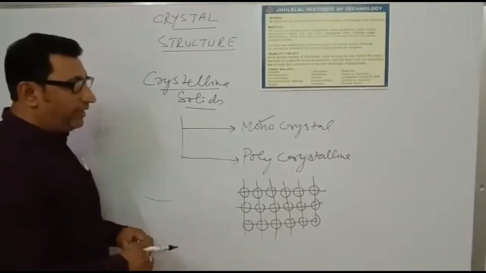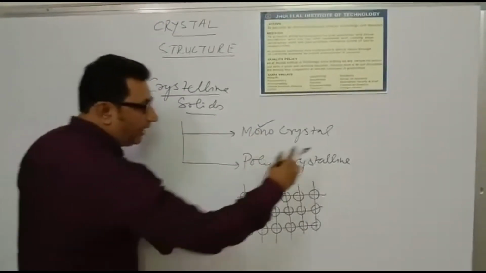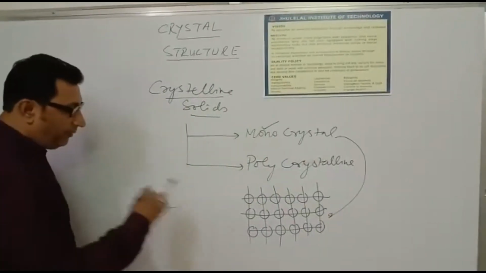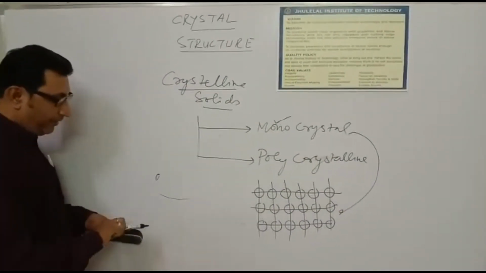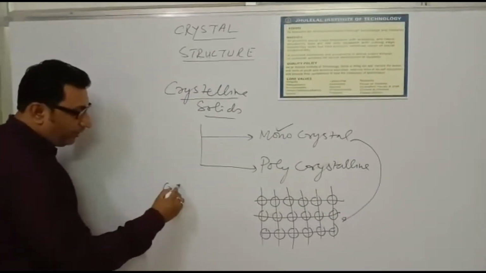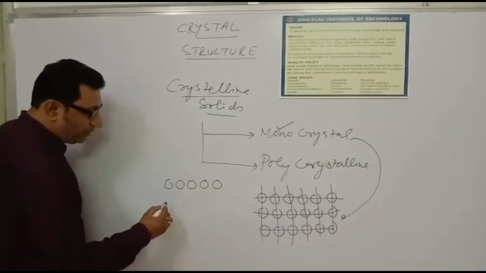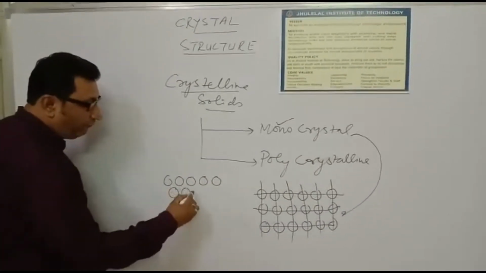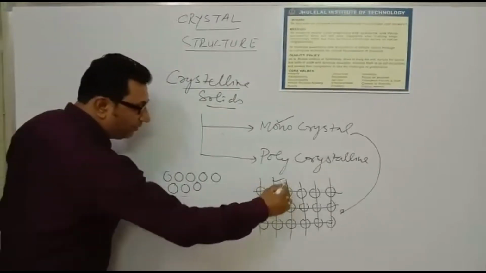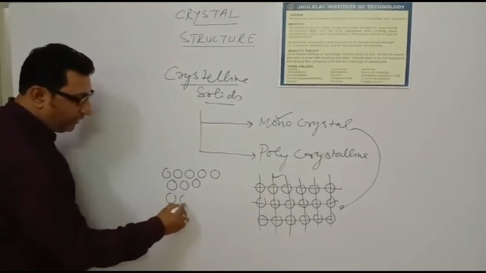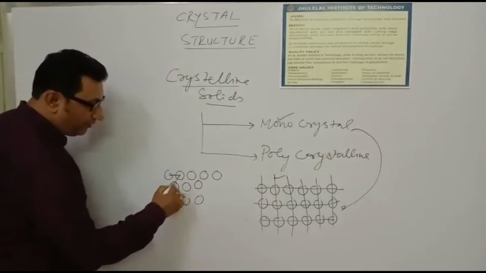What is a polycrystalline solid? This is an example of monocrystalline. In polycrystalline, let me draw. There are some solids in which the atomic arrangements are not as regular as in a monocrystal. You can see I am drawing some symmetry.